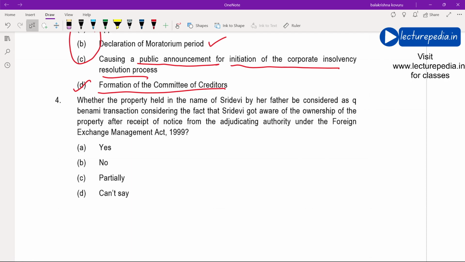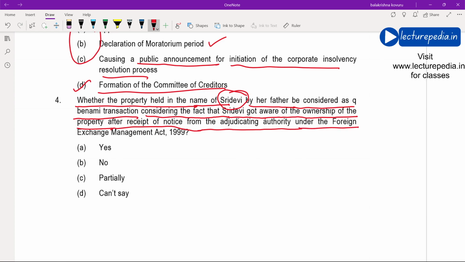Next, whether the property held in the name of Sri Devi by her father be considered as a benami transaction, considering the fact that Sri Devi got aware of the ownership of the property after receipt of notice from the adjudicating authority under the Foreign Exchange Management Act.